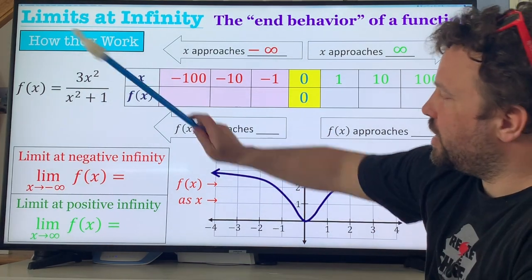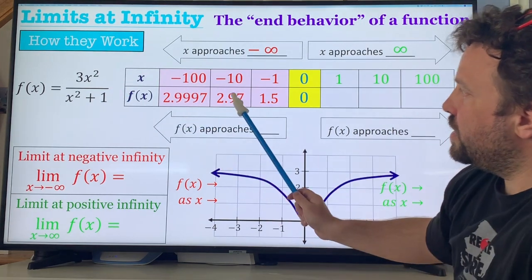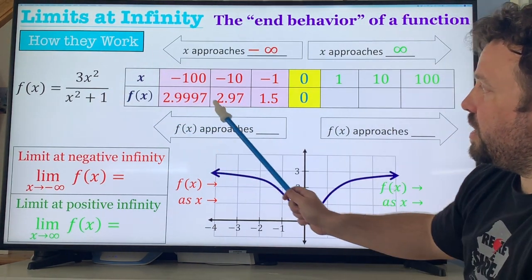So anyway, I jumped the gun over there. You plug your -1 in, you get 3/2. You plug -10 in there, you get about 2.97. You plug -100 in there, you get 2.997.